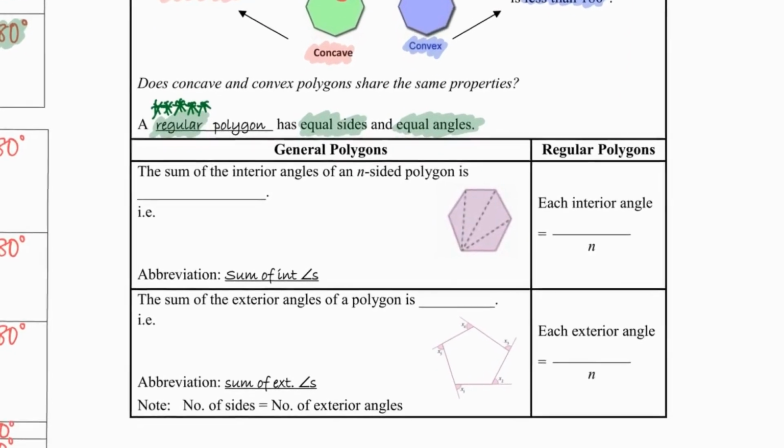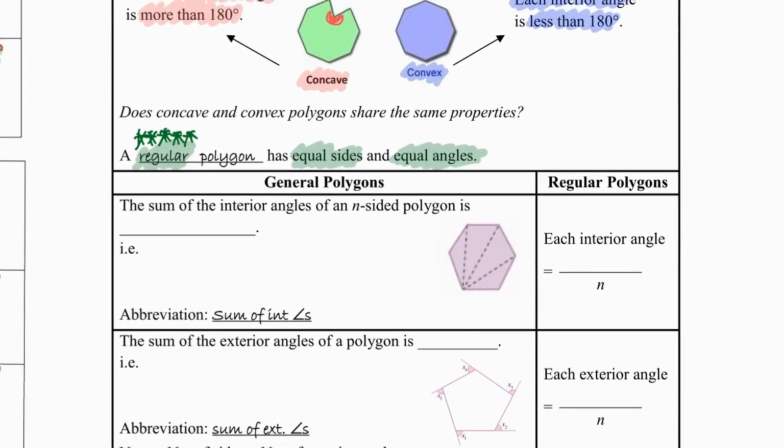And the sum of a general polygon, this is what we have learned so far in this activity, is n minus 2 times 180 degrees, that is 180 times n minus 2. And therefore, each interior angle is 180 times n minus 2, I divide by n, because there are n number of angles.